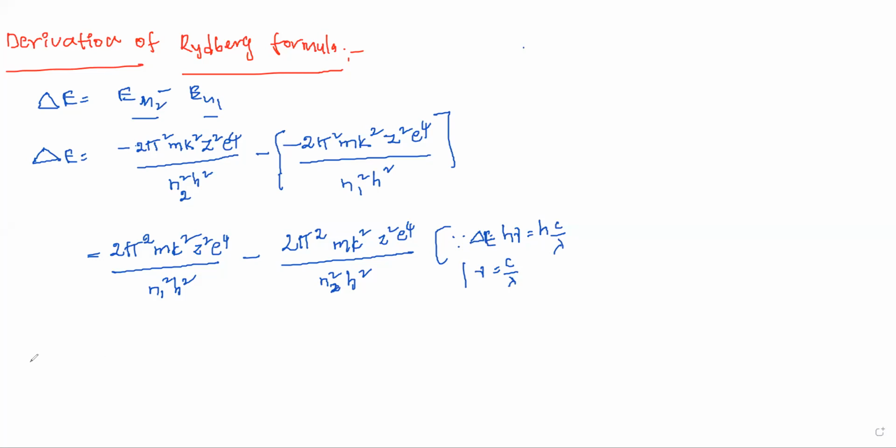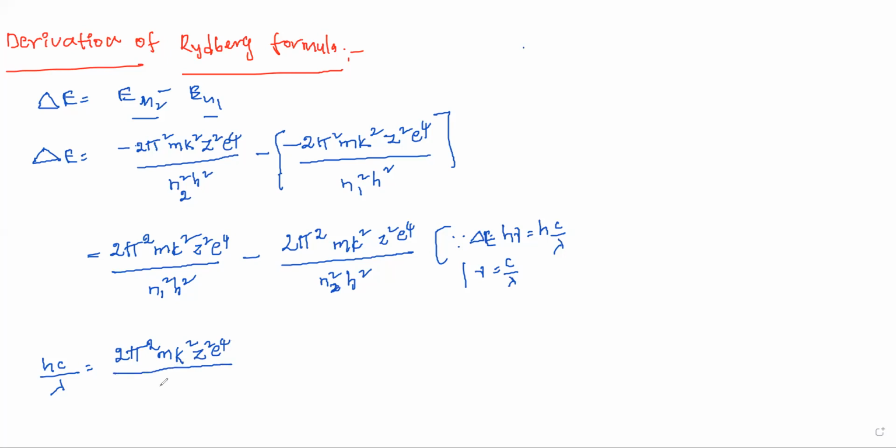Okay. And here delta E is nothing but hc by lambda, that equals, in this we can take everything common except n1 square and n2 square. I am taking common 2 pi square m k square z square e to the power of 4 by h square.